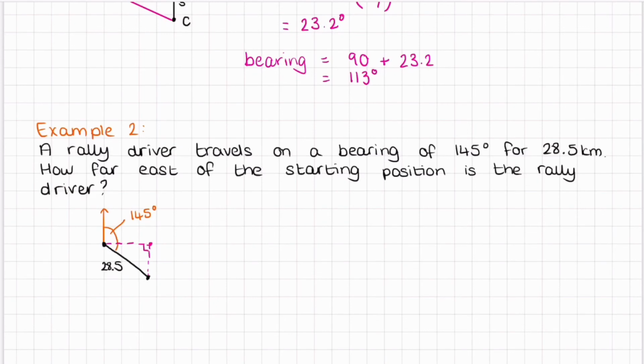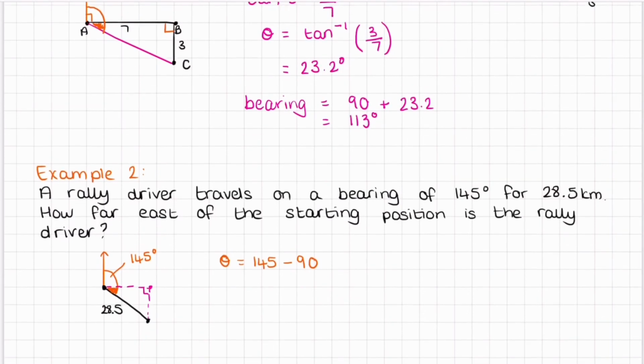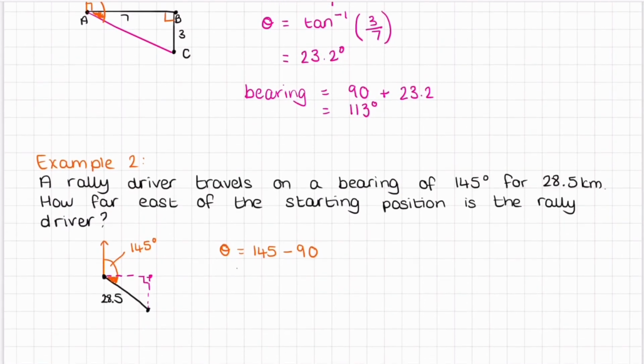And then because this whole angle is 145 degrees, and we want to know how far east, to find that out the angle in this middle bit here that I'm just shading, we can work out the angle is going to be 145 minus 90, because it's 90 between north and east, which will give us 55 degrees.